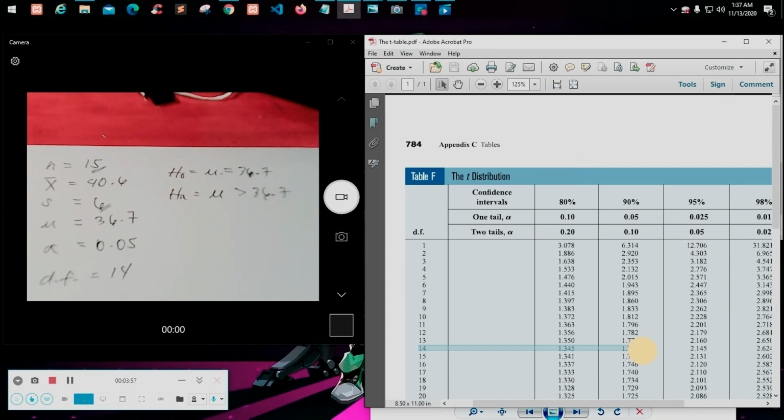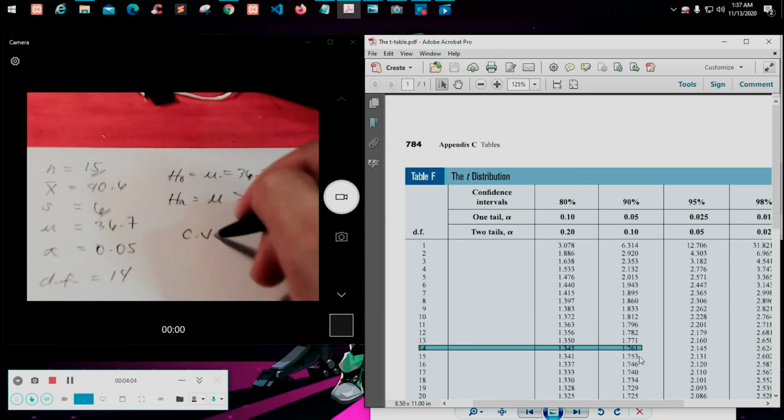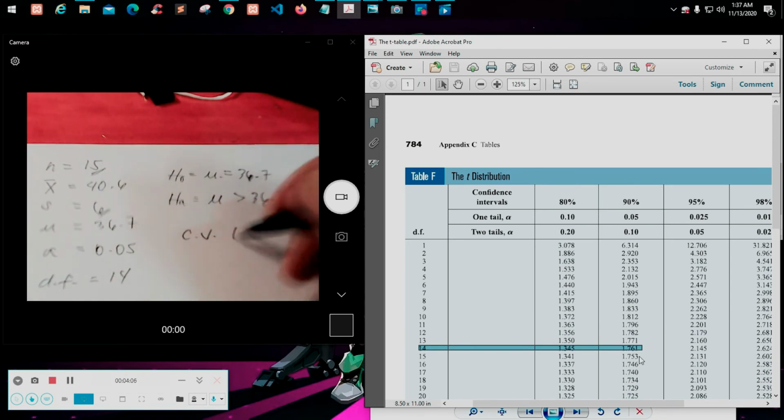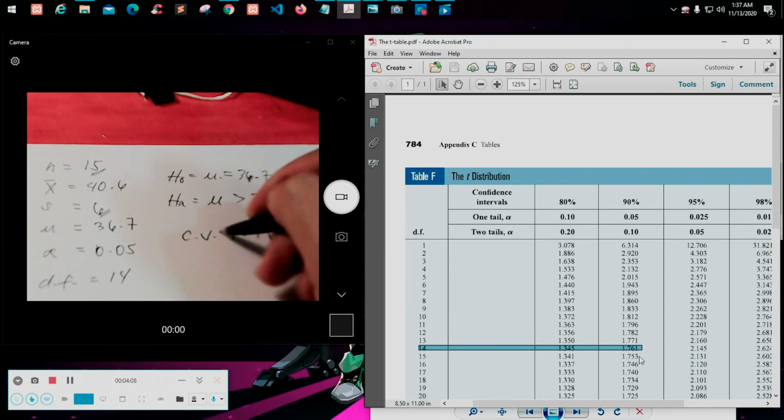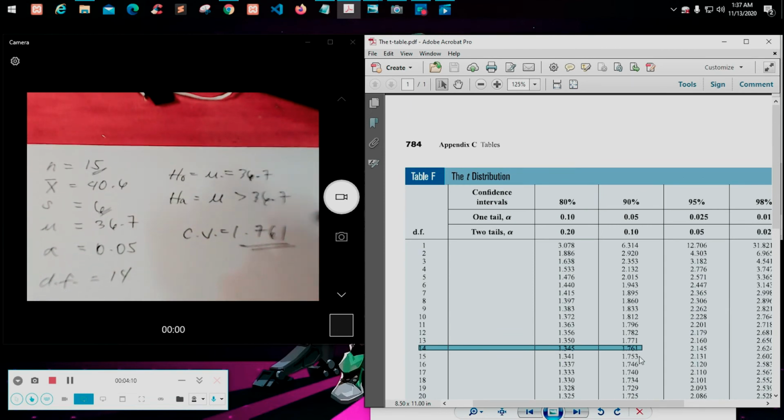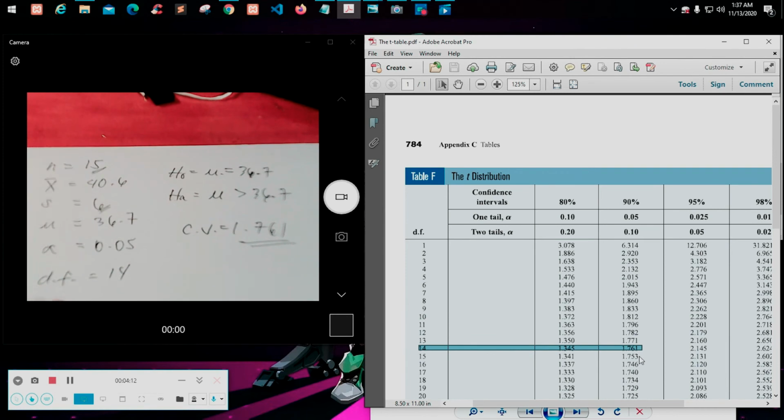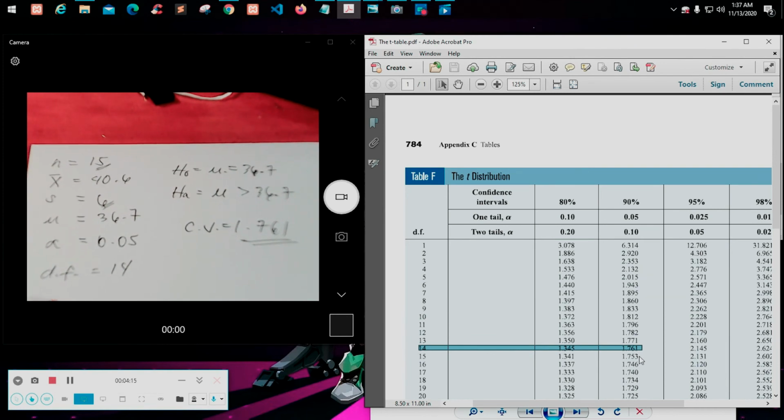So we have positive 1.761. So our critical value is positive 1.761. If naka-left-tailed tayo, we put a negative symbol. And if two-tailed, we put both positive and negative symbols.